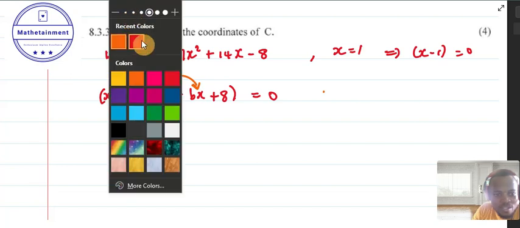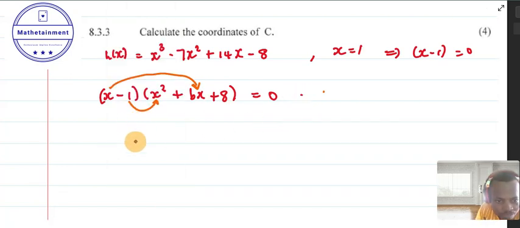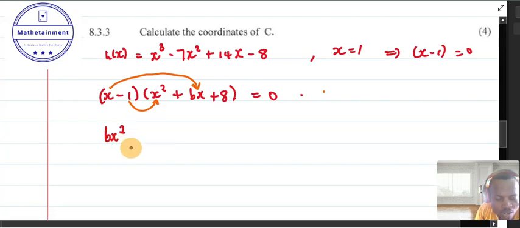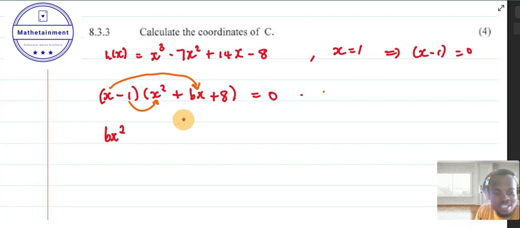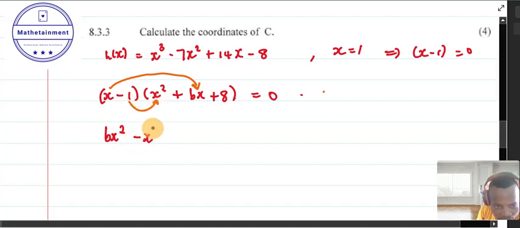Okay, so you end up with bx squared. There are many ways of finding the value of b. Some can use long division, some can use inspection. There are many ways of killing a cat, but this is the one that I prefer. So this one times this one, you get bx squared. This one times this one, it becomes minus x squared.